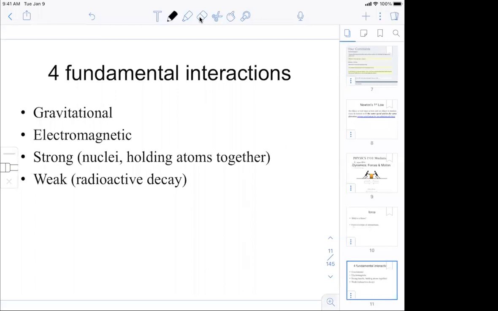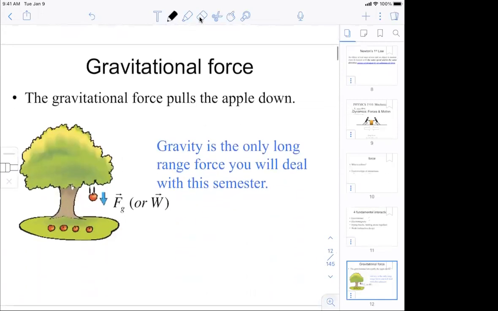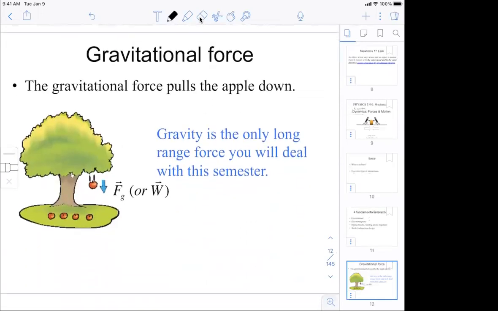That's radioactive; it's responsible for radioactive decay. We are not going to talk about the third and the fourth. The forces we are going to do in 1510 are of the nature of the first two. But in our universe, it's mainly one of those four types of interactions. Now I want to go through the forces we are going to see in 1510.